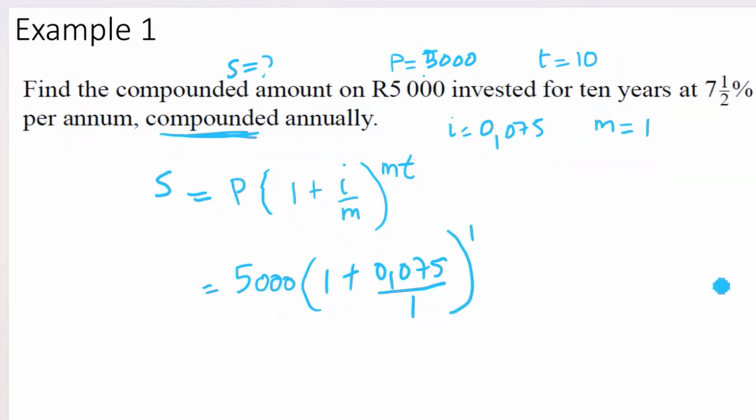And then you've got 1 multiplied by 10. You plug everything into your calculator, and you are going to get 10,103.0516. Okay, so here we have applied the simple basic formula of the compound interest.